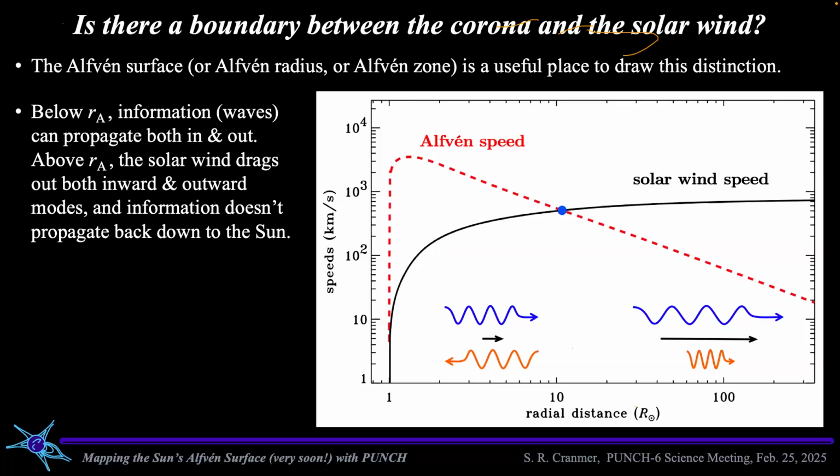Below the Alfvén speed, you can have waves propagating both up and down, so information can essentially communicate everywhere in that sub-Alfvénic region. But once you exceed the Alfvén speed, even the inward propagating waves are being dragged outward by the solar wind. So there's no back communication to the Sun anymore.